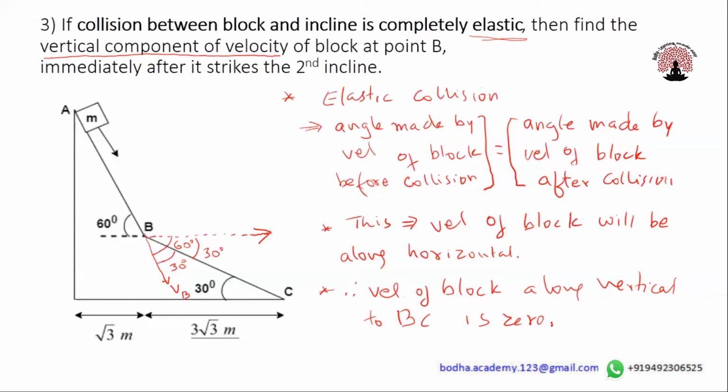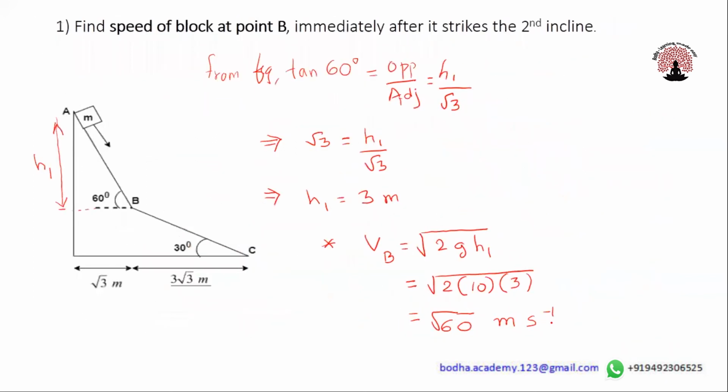Okay, so let us revise the problem once again. We had observed that the block is at a height h1 from point B. So from the figure I can write tan 60 degrees is equal to opposite side by adjacent side.